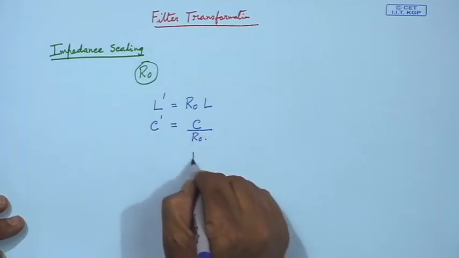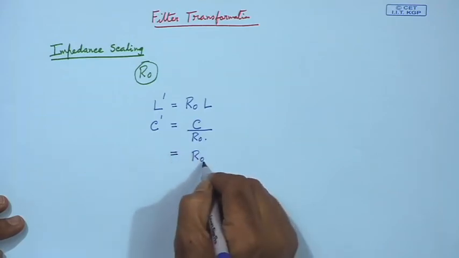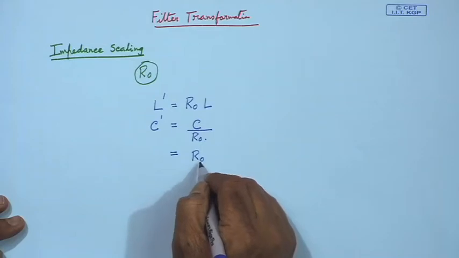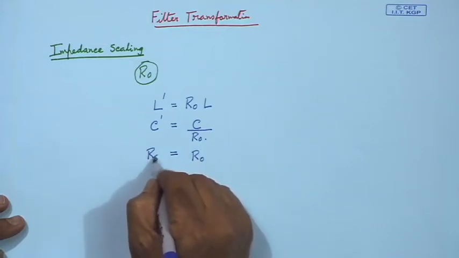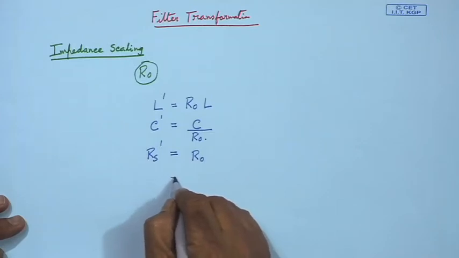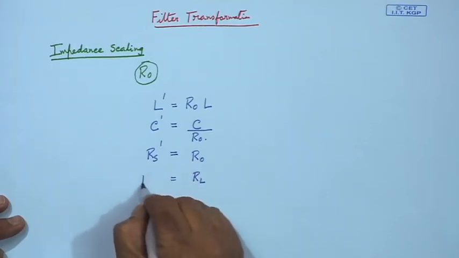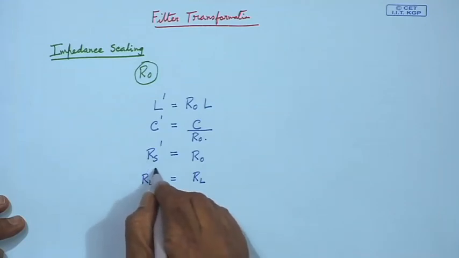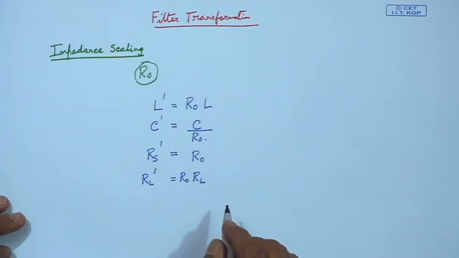Similarly, if it was 1 in the actual prototype, then Rs dashed will be R0, and if it was RL in the original prototype, then after scaling it will become R0 RL.